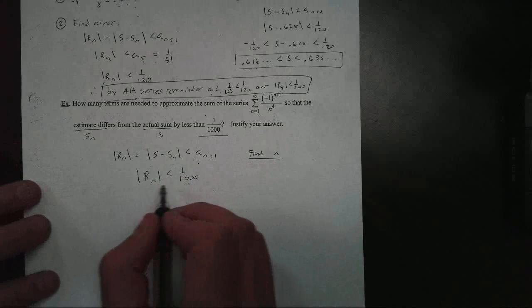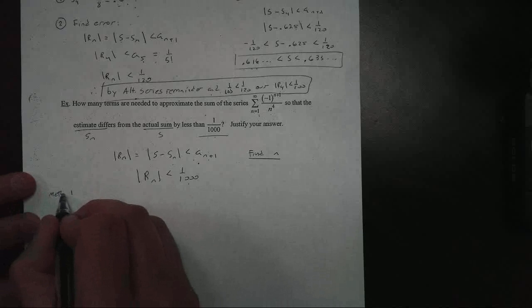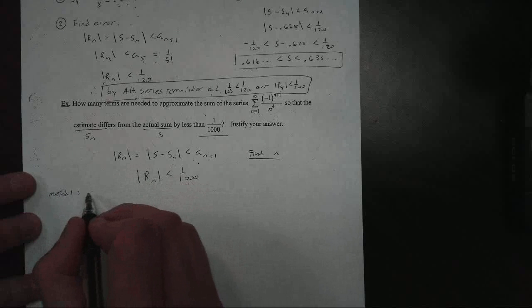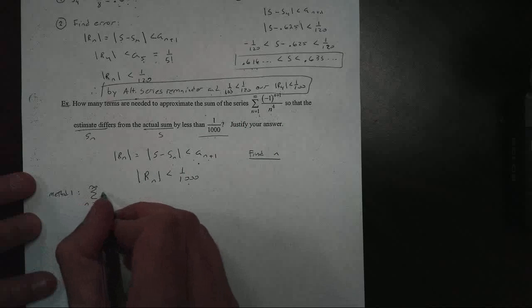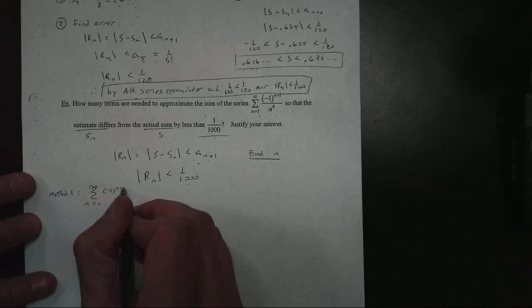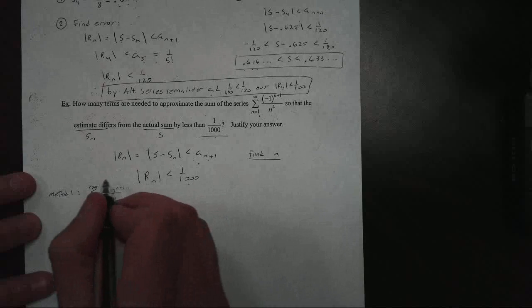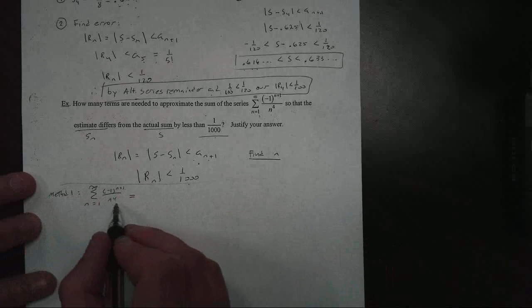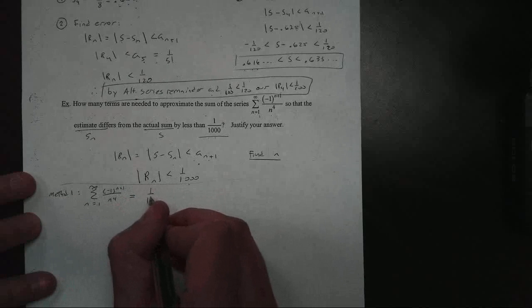So what I'm going to do is just list out my terms. There's actually two methods I can do for this one. Method 1, I can just list out all my terms. The sum from n equals 1 to infinity of negative 1 to the n plus 1 over n to the fourth. If I just list them out, plug in 1 here, we get 1 over 1 to the fourth.